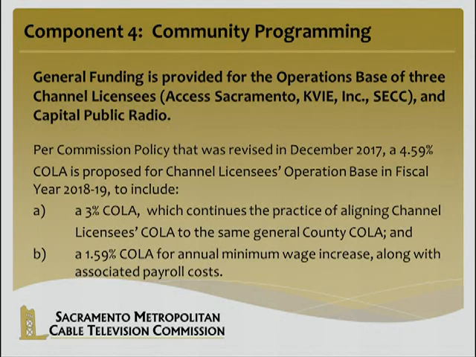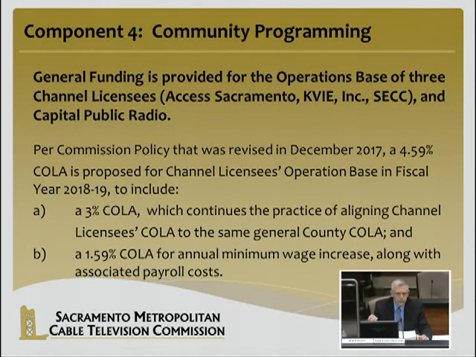With that, we brought at least 4 fund options to the board, and without going into the back and forth and the minutia of all the different options, what was settled on in the direction that we got from the board was that for the channel licensees, we would include the same COLA that staff was getting, but we'd also include a COLA to cover the minimum wage costs, and those were the ones related to Access Sacramento, because obviously with different organizations, you're going to get a different number depending on how many minimum wage employees they had.